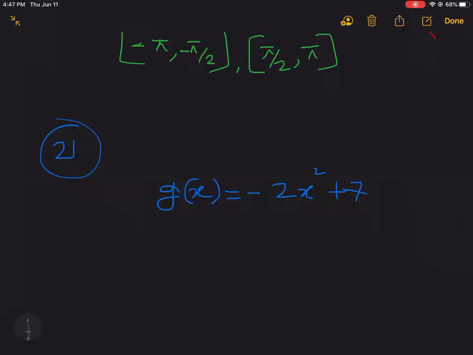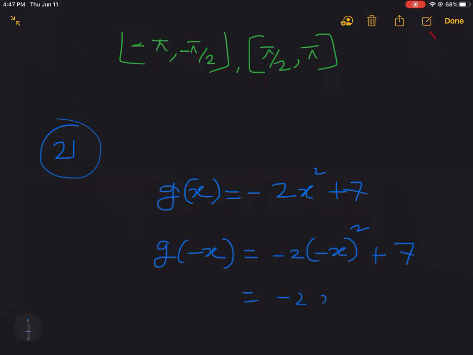And if we have a function given, then we can actually replace the x by negative x. So we'll replace it by negative x: 2 times negative x squared plus 7, okay?